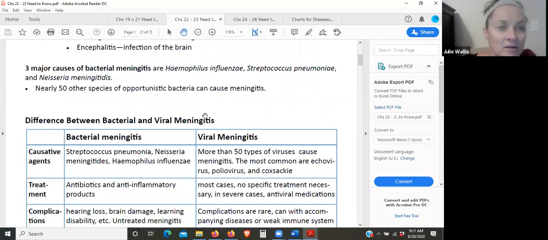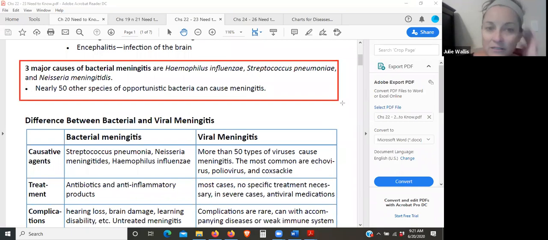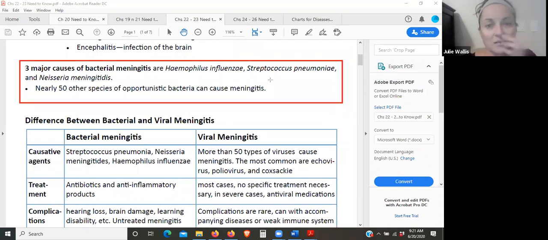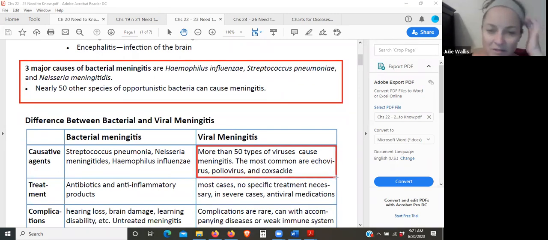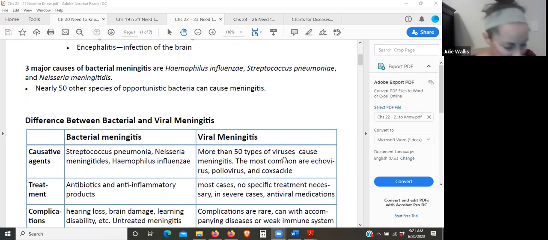You need to know the major bacterial causes, which include Haemophilus influenzae, Streptococcus pneumoniae, and Neisseria meningitidis. And also the fact that there's viral meningitis caused by over 50 different types of viruses, but the most common are echovirus, poliovirus, and Coxsackie virus. So that's one thing not on your diseases chart that you're going to need to know: those specific species and that information about the viruses.